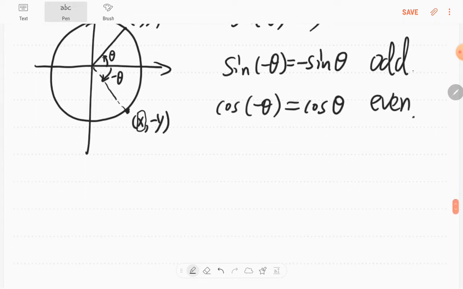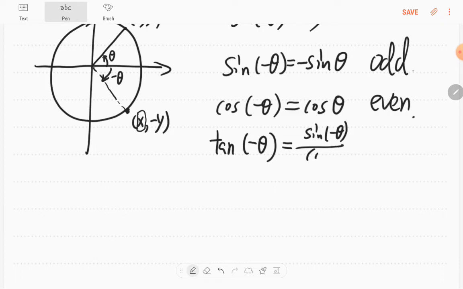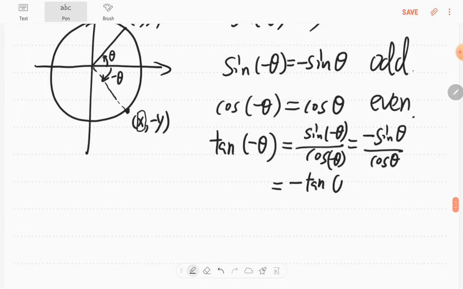So similarly, we can get tangent. Tangent of negative theta equals what? We know it's equal to sine of negative theta over cosine of negative theta, right? Sine of negative theta equals negative sine theta, and cosine of negative theta equals cosine theta, so it's equal to negative tangent theta.